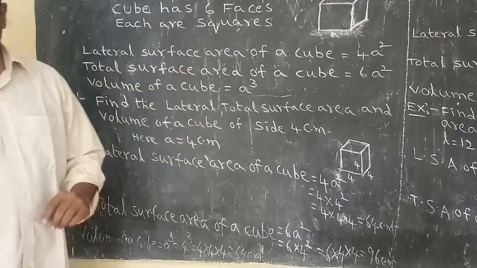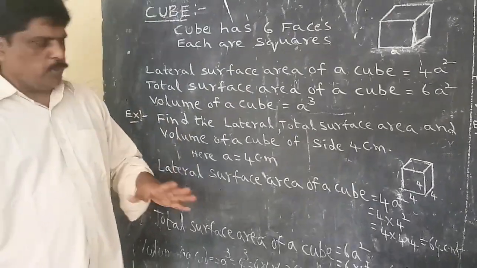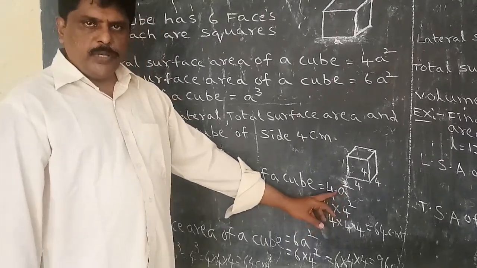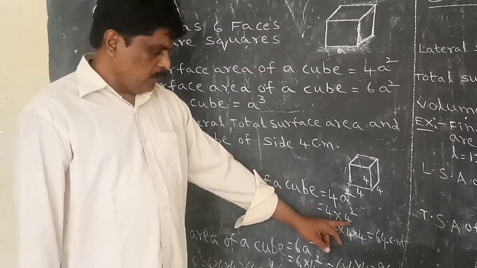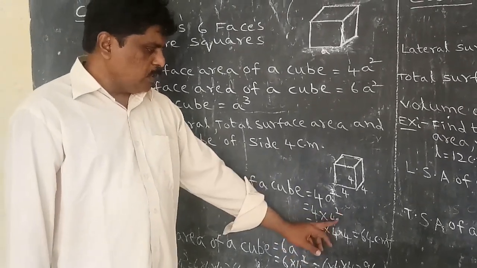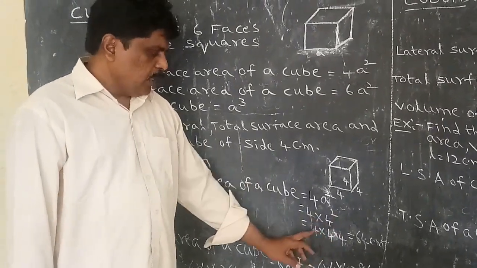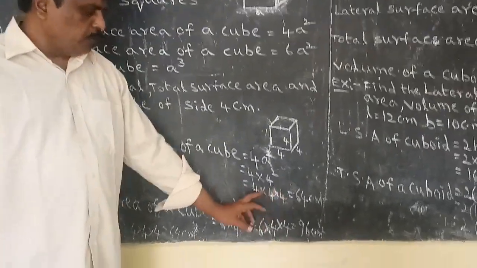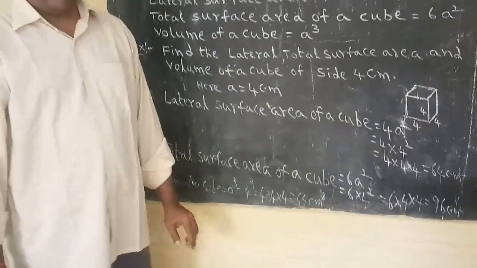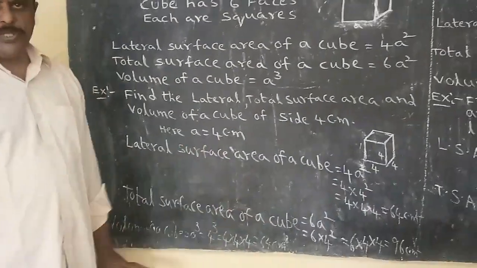The formula for lateral surface area of a cube is 4a square. So 4 into, what is the value of a here? 4. So I put the value of a here: 4 into 4 square, that means 4 into 4 into 4. 4 fours are 16, 16 fours are 64. So our lateral surface area is 64 centimeters square.